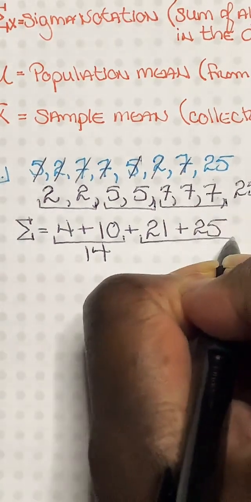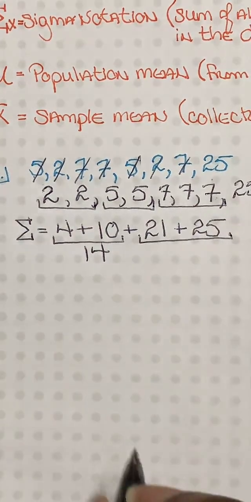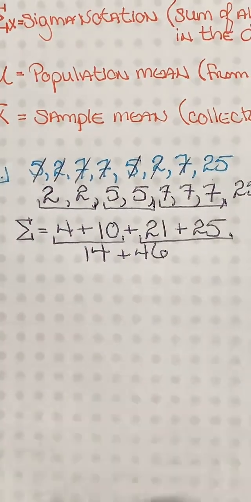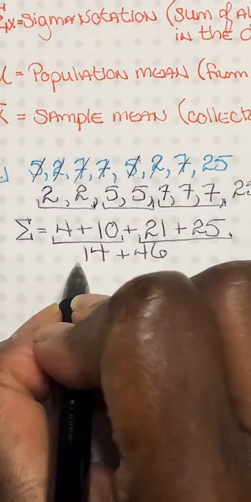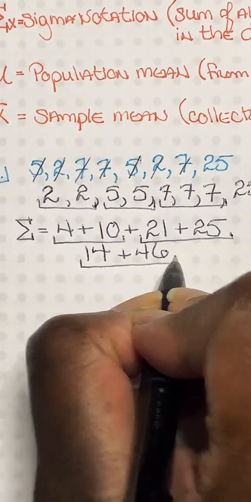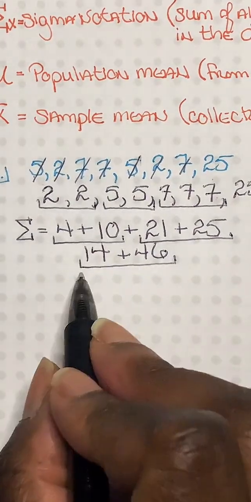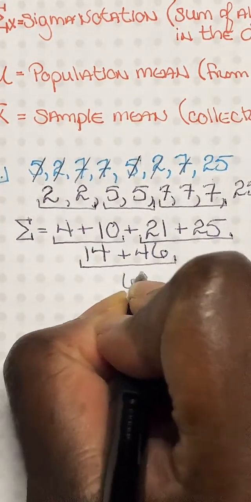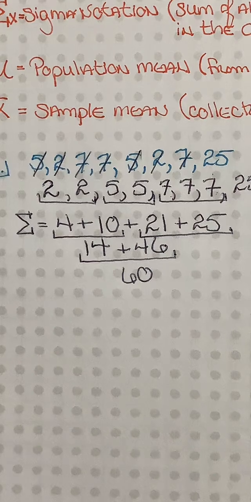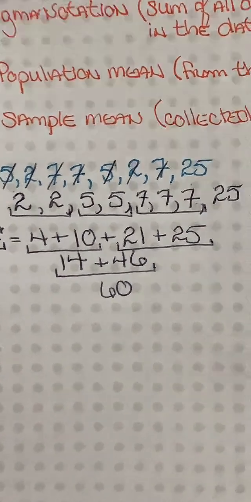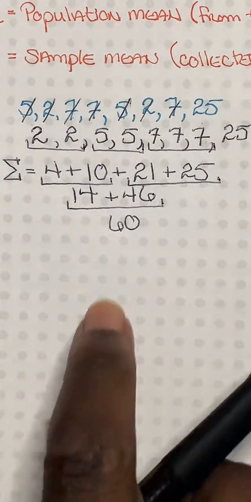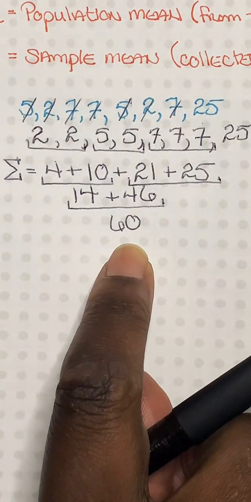I could group the 21 and the 25 and get 46. And then, last but not least, I'm going to group the 46 and the 14, and that gives me 60. Okay, so my summation of all those numbers is going to be 60.